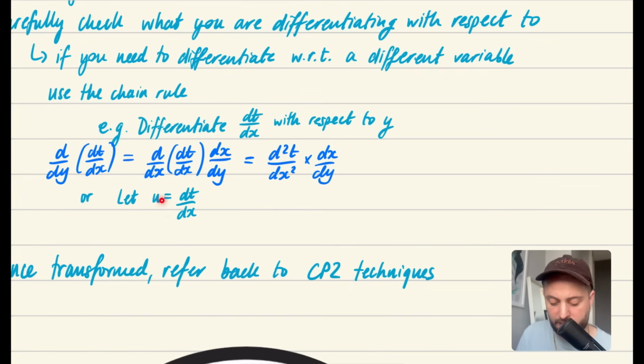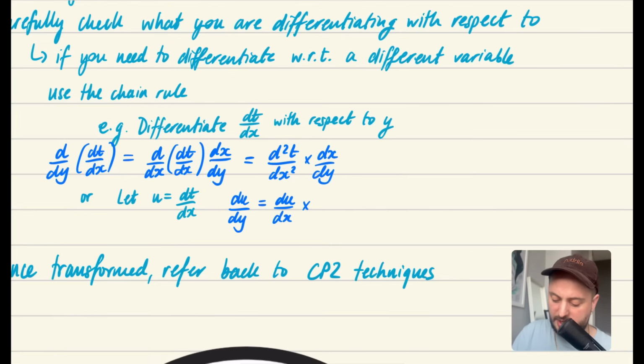Now, there's another way that you could think about this. If we let u equal dt/dx, and I wanted to differentiate it with respect to y, then I could say that du/dy is just going to be the same as du/dt. Is that what I want, du/dt? No, I want du/dx because I'm differentiating it with respect to x here.